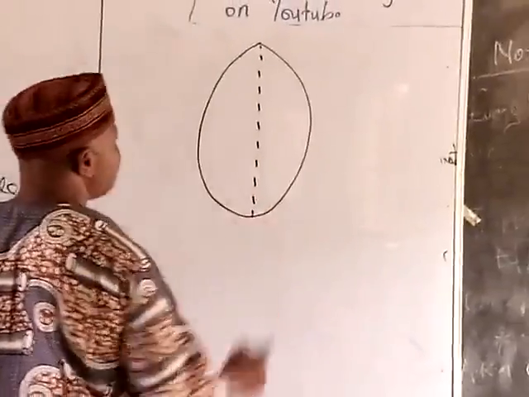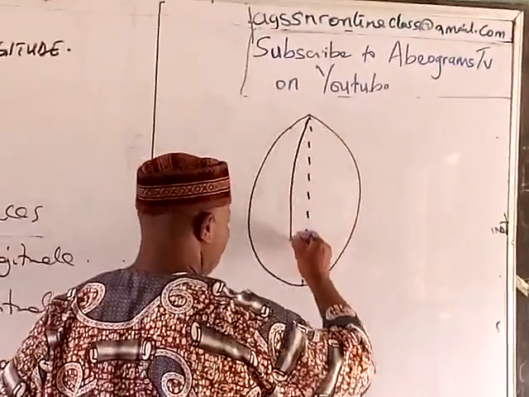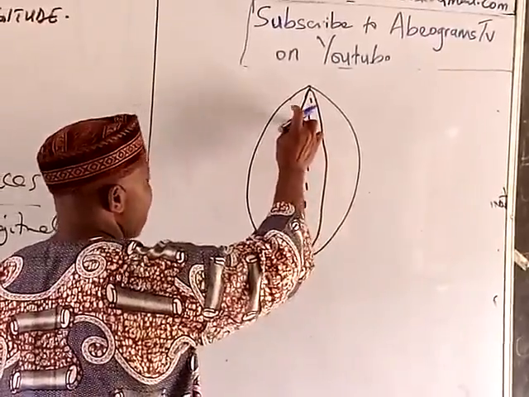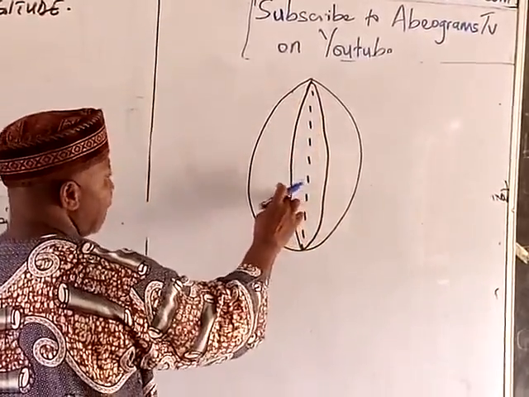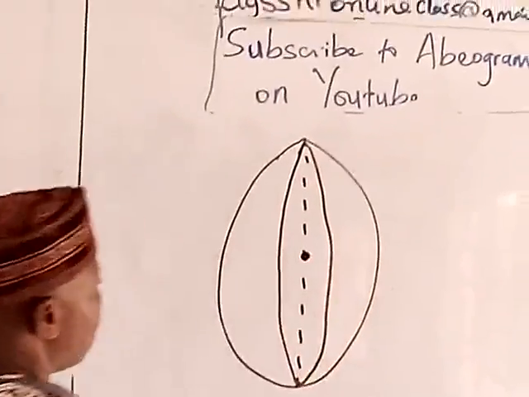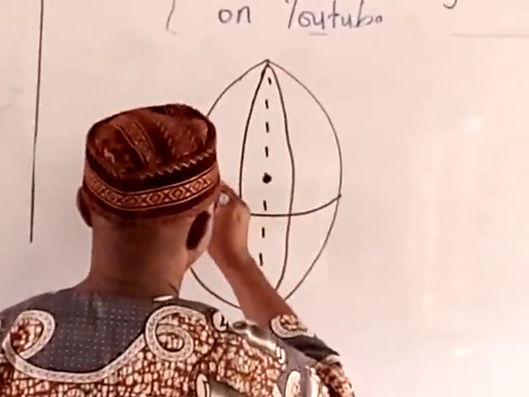This is the polar axis. This is your prime meridian, where you have the Greenwich meridian, and you have Tema in Ghana, and you have the equator, your latitude.